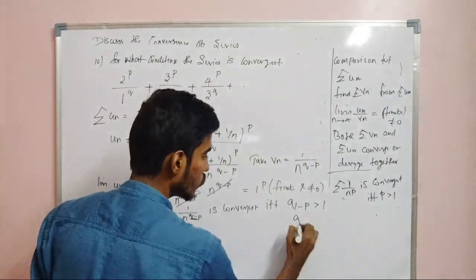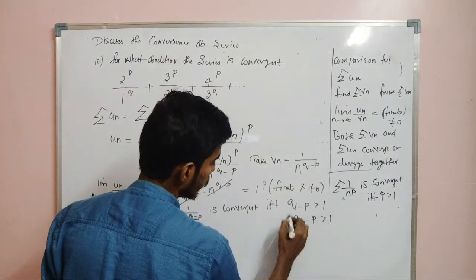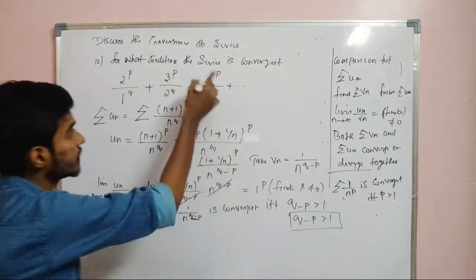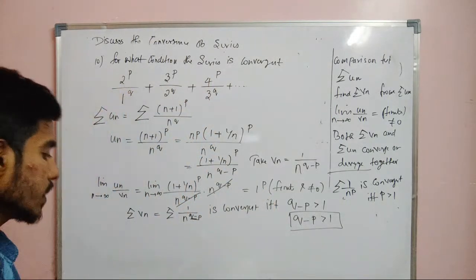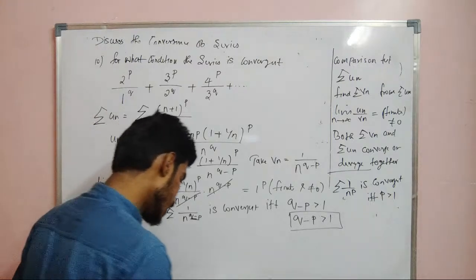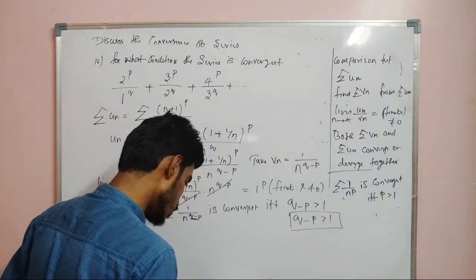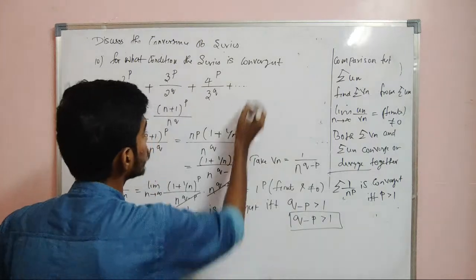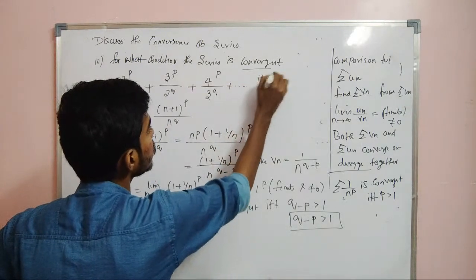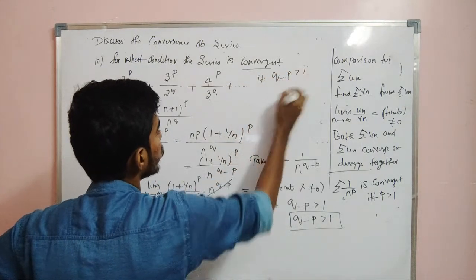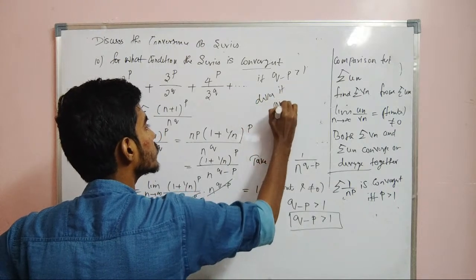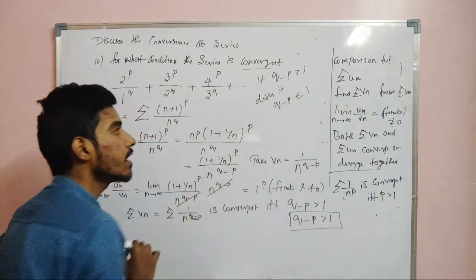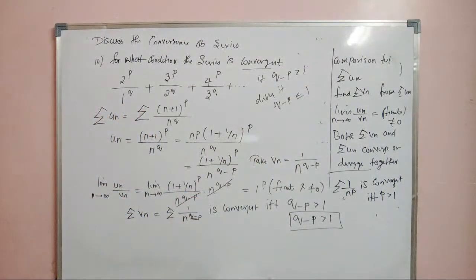So the series is convergent if q minus p is strictly greater than 1, and it is divergent if q minus p is less than or equal to 1.